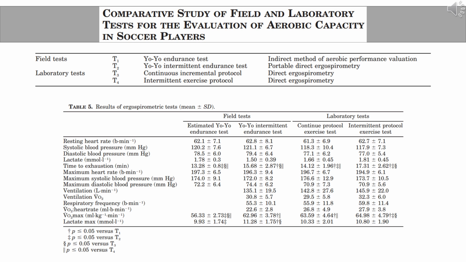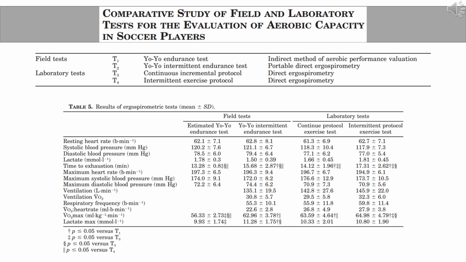But in this study, if we look at those bottom two metrics of VO2 max and lactate, the yo-yo endurance test, which starts a little bit slower and takes longer to get going, if you like, compared to the intermittent test, we can see that our VO2 max and lactate levels are actually quite different to both the yo-yo intermittent endurance test and our laboratory-based protocols.